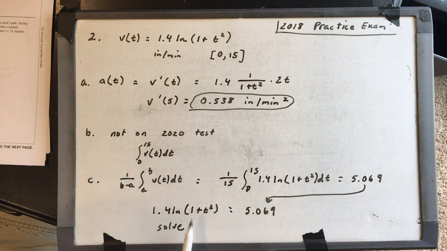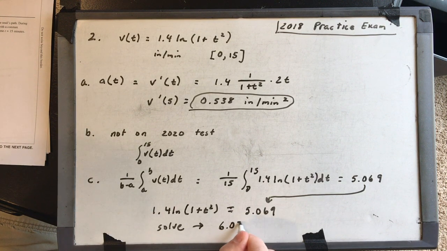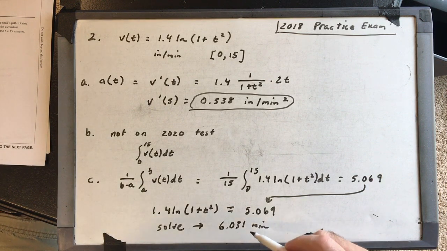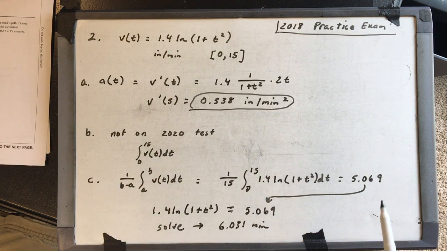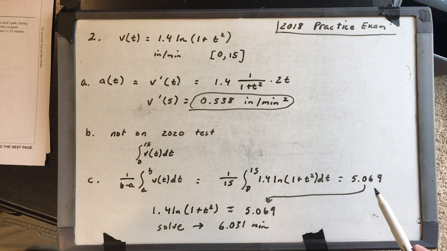Again, on the 2020 test, they would give you one you could solve by hand. But for this particular one, you would have to use your calculator's solve function, and what you would get is 6.031 minutes. Worth going over, even though it's harder than what you would be doing on the 2020 test. The process is the same.